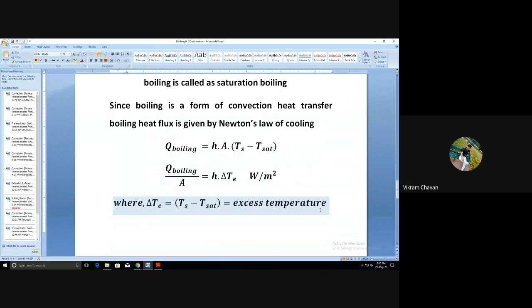In that case, boiling heat transfer is given as Q suffix boiling is equal to H multiplied by A multiplied by inside bracket Ts minus T saturation.